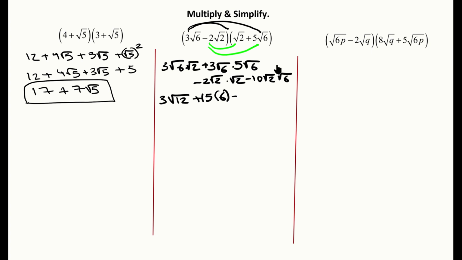Minus. This 2 will carry. And we know that radical 2 times radical 2 is just 2. And then we have minus 10 radical 12. So if we clean it up, we have 3 radical 12 plus 90 minus 4 minus 10 radical 12.